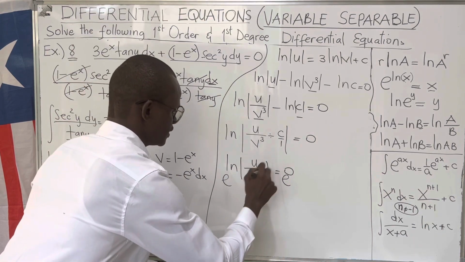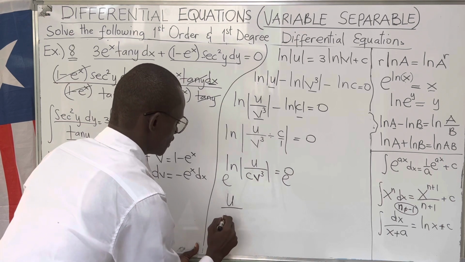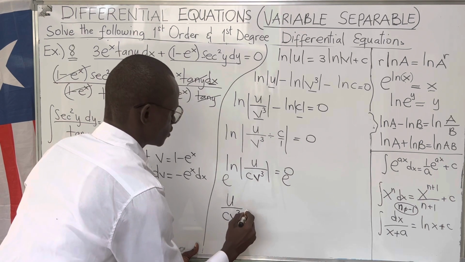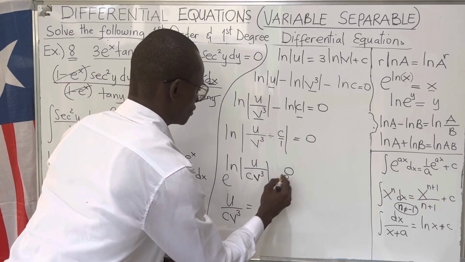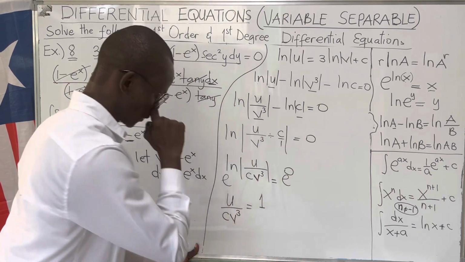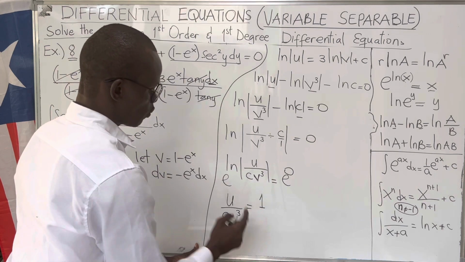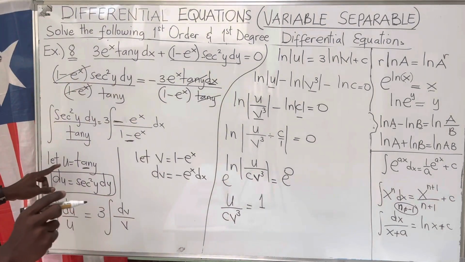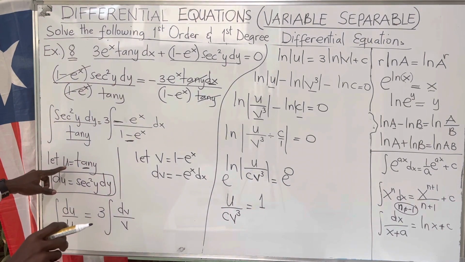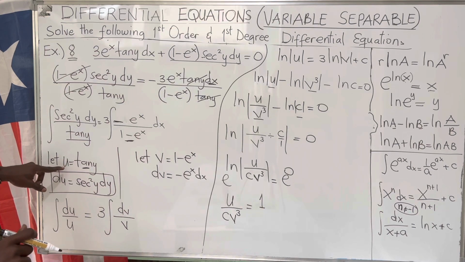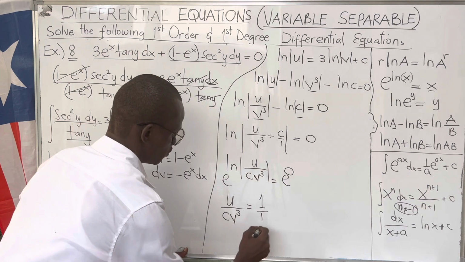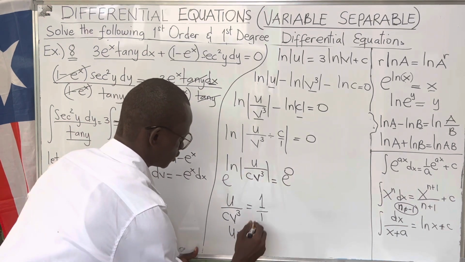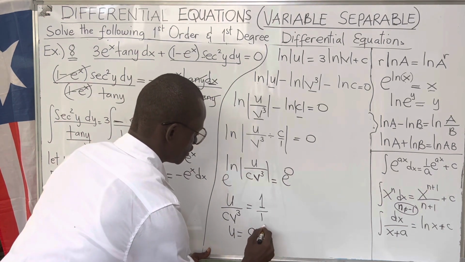So this whole thing here is just equal to u all over c times v cubed equals e raised to the power 0. What is it equal to? It's just equal to 1. So if we cross multiply now, and solve for u, we just have u to be equals to c v cubed.